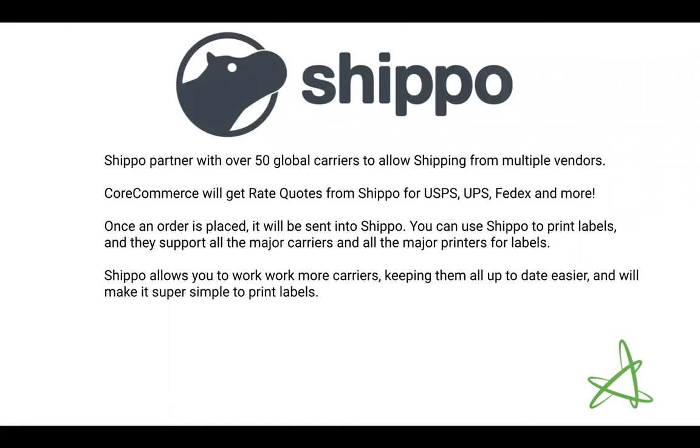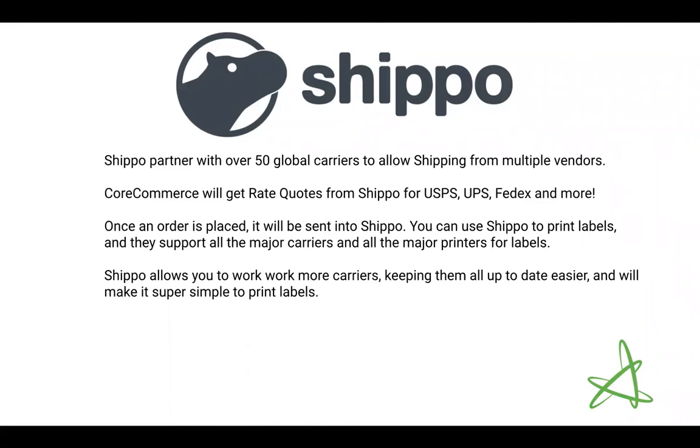So the benefit of Shippo is that you can come on board or you can switch to it, and you can sign up for a Shippo account and start taking advantage of discounted shipping rates from UPS and from FedEx and from the Postal Service without having your own account, without having your own discounted rates from your own UPS account, for example.